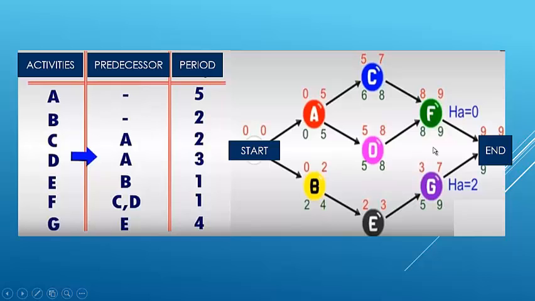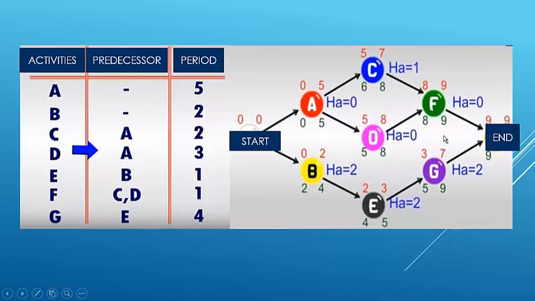Well, and now we proceed. We calculate the slacks. For example, 9 minus 9 is equal to 0. 8 minus 7 is equal to 1. 8 minus 8 is equal to 0.